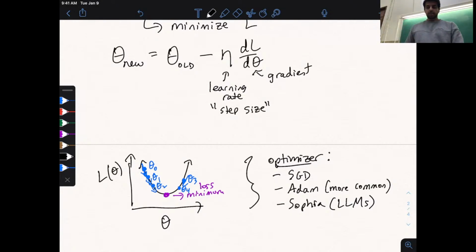Let's see if there are any questions on YouTube. Does our loss function L also need to take a parameter for some test set with which to compare our model's output? So your loss function during this process is always computed on your training data set. The whole point is to minimize the loss on your training data, right?